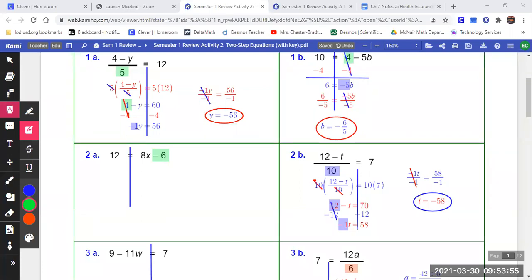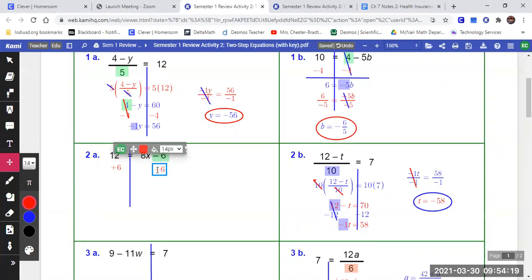Add 6 to both sides, yes. So I'm going to add 6 to the 12 side, and I have to add 6 to the negative 6, so it becomes 0. That's the whole point, big 0, make it into 0.